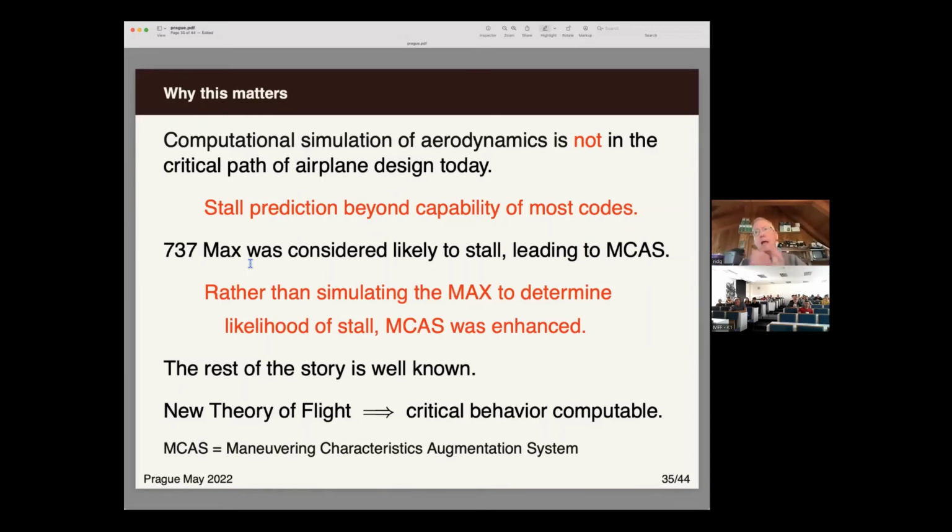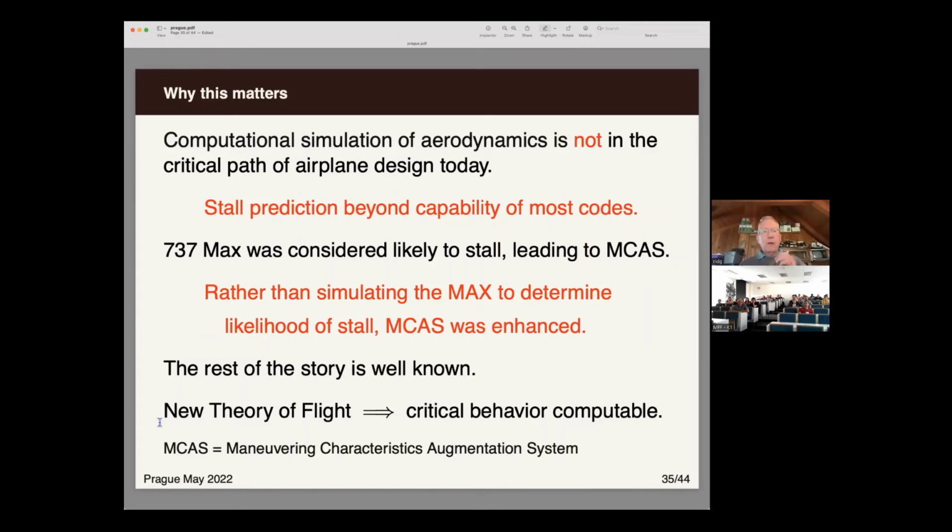It was an AI system which would attempt to tell when the plane was tilting up too much. And it failed fatally and caused 2 crashes, killing hundreds of people. And this all happened because we weren't using computational simulation to model aircraft behavior, in particular stall and stall recovery.